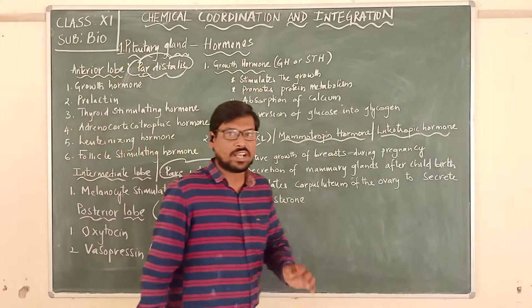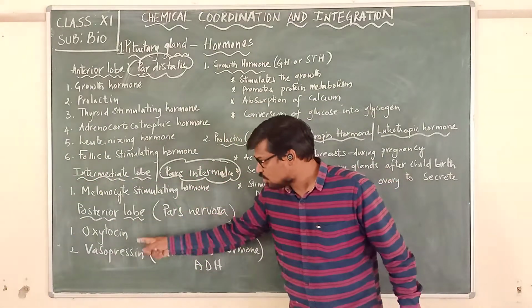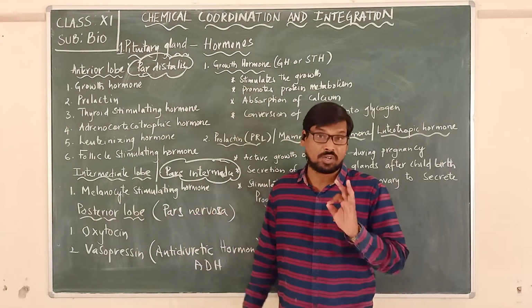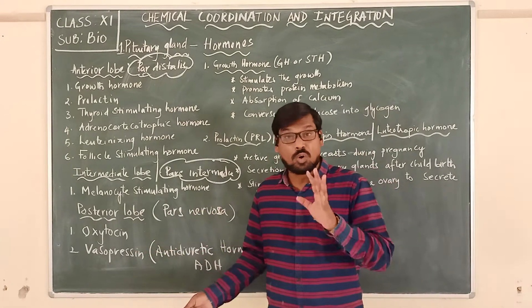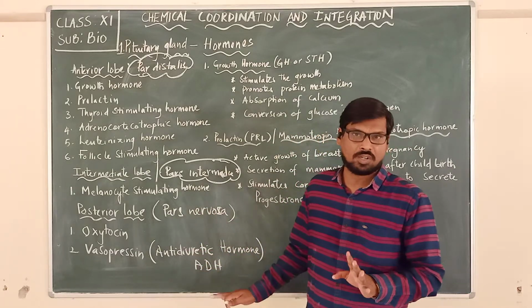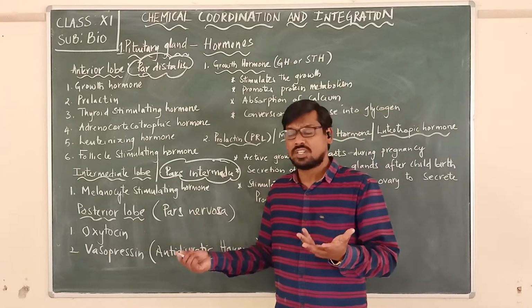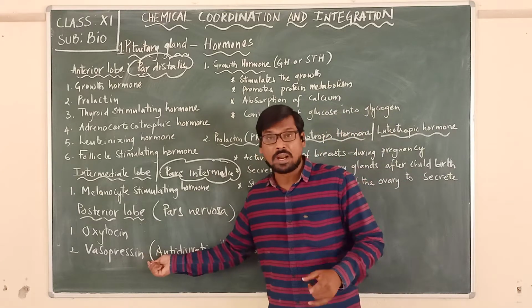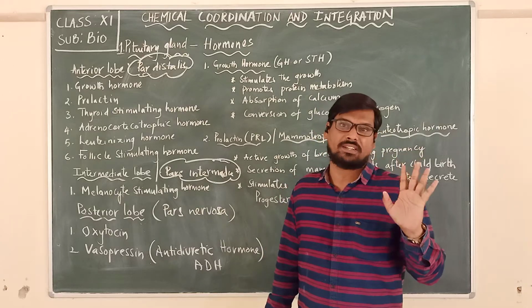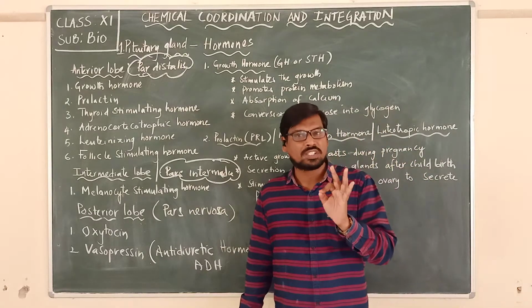Remember, these two hormones are only stored in the posterior lobe; they are not produced there. Where are they produced? As we already said, these two hormones are produced in the hypothalamus region of the brain.